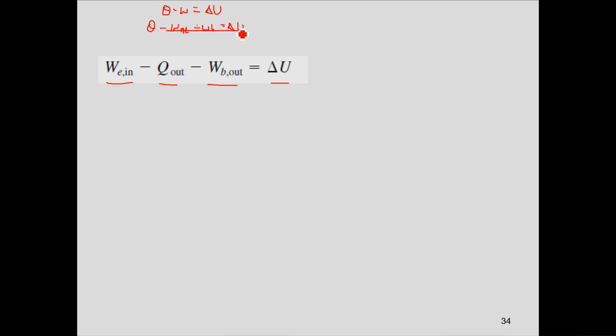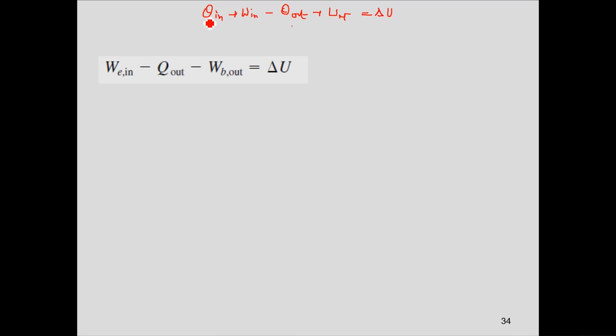Or if you want the complete equation, it says Q in plus work in minus Q out plus work out equals the change delta U if you are having a stationary system.